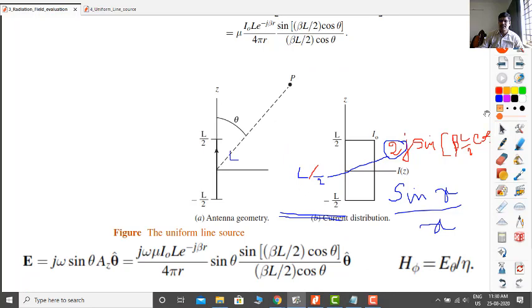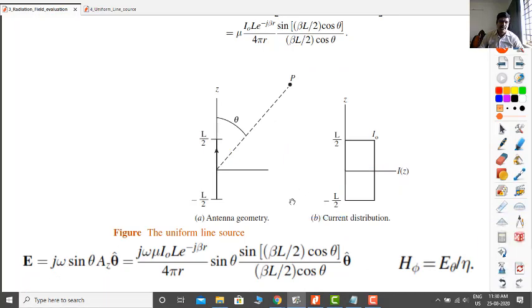Then the next thing is, we have to compute the electric field. Now the electric field will be E theta equals j omega sin theta A z, theta cap. This is the particular formula for the line source. Now we have computed the A z, so you substitute the A z here.